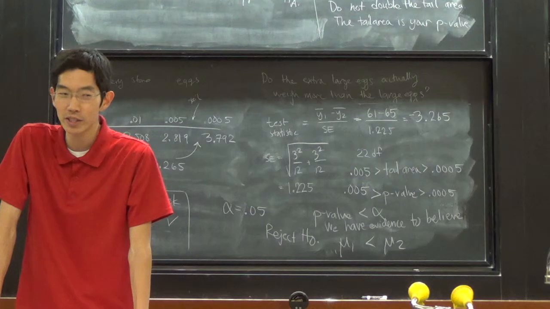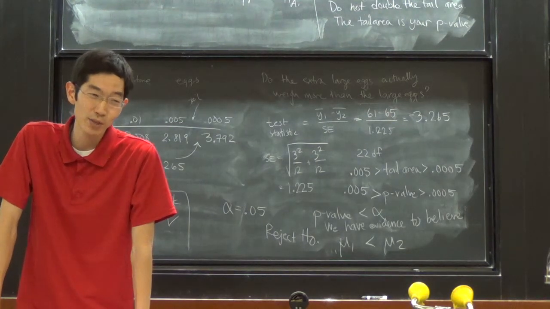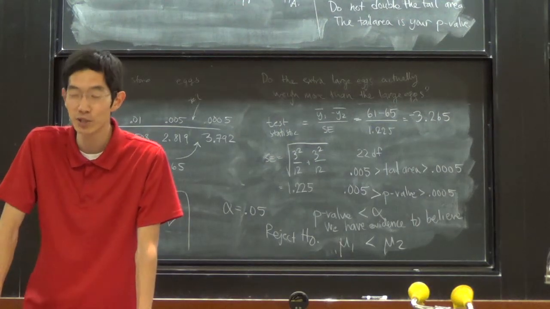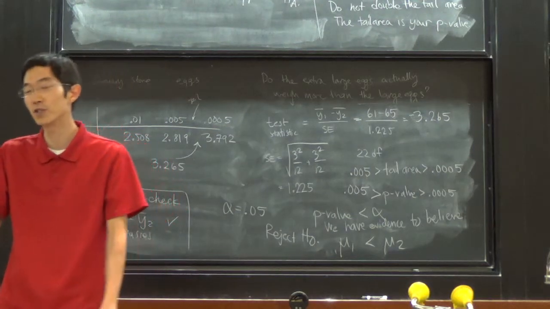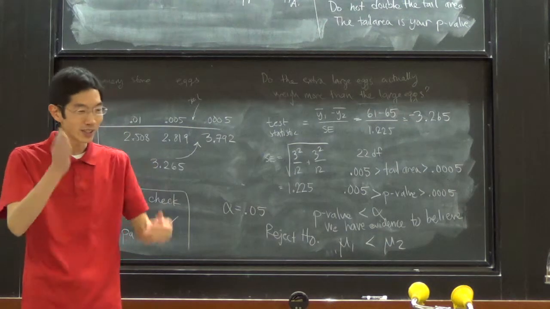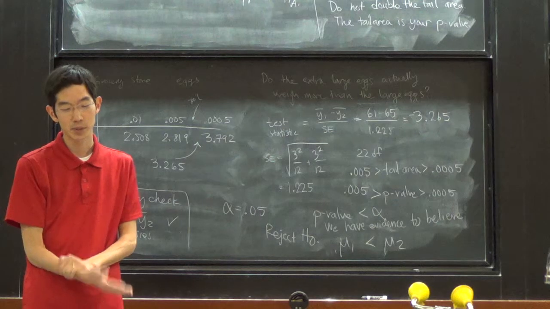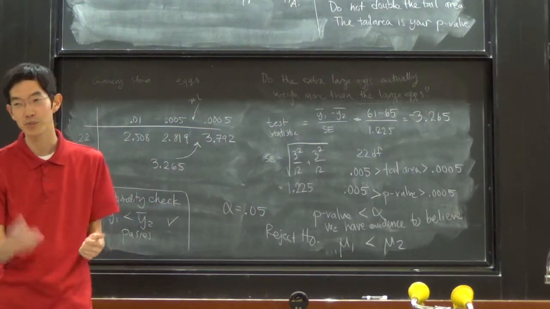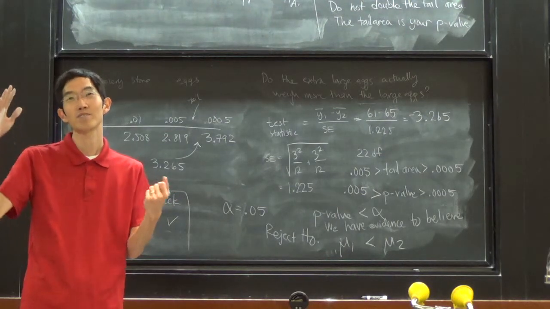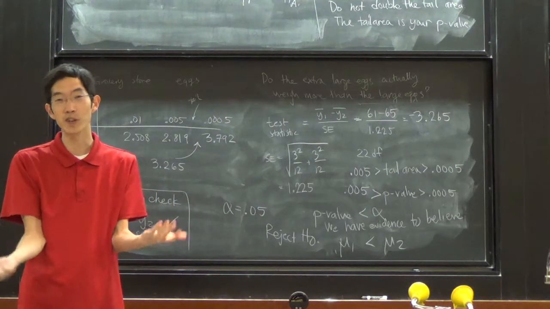Again, we set these rules where if your p-value is bigger than alpha, you don't reject, and if it's smaller than alpha, then you do reject. It's not meant to be the be-all, end-all of what to do. That's the process we go through, but it just means the probability of seeing your data or something more extreme is actually equal to 5%.